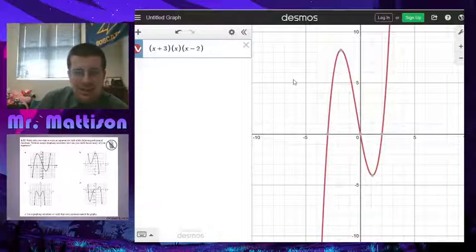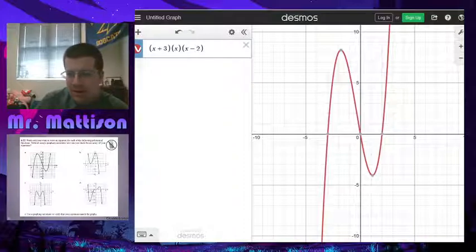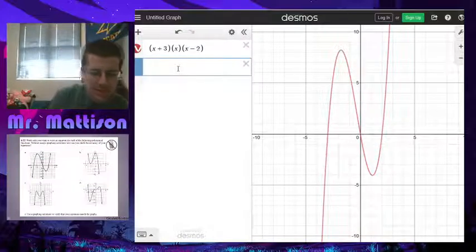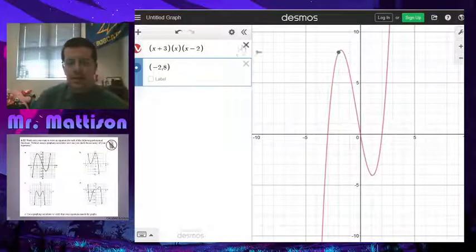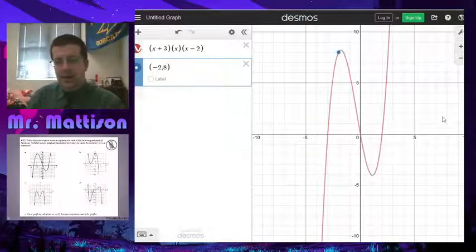And it looks exactly like the one that we had on the graph, right? We even have the same point where it's crossing, at negative 2, 8. So if I put the point negative 2, 8, it is on our graph like it is on the original. So this is a perfect copy there.